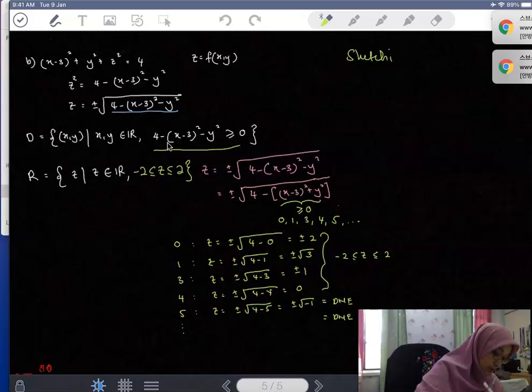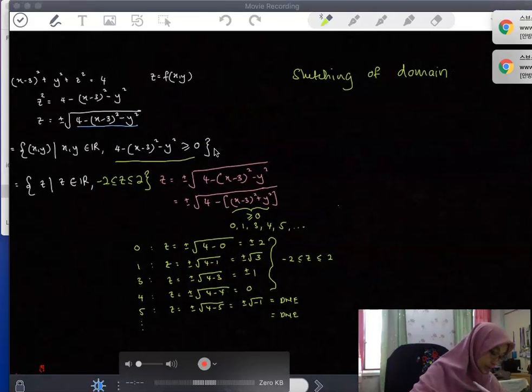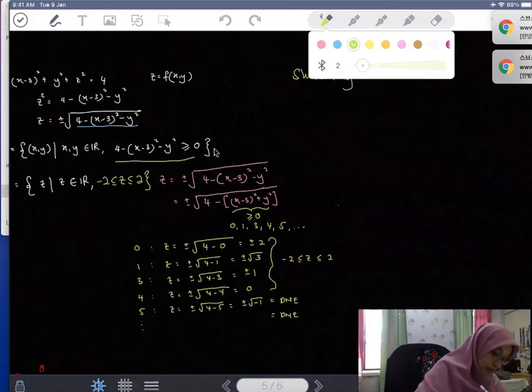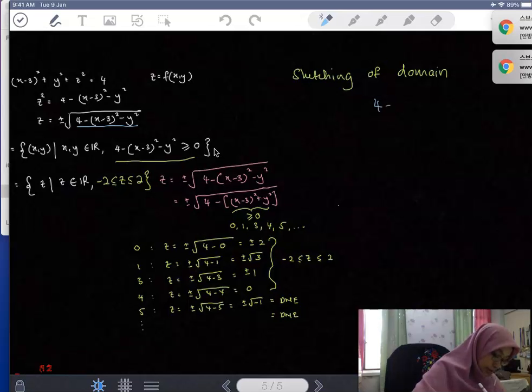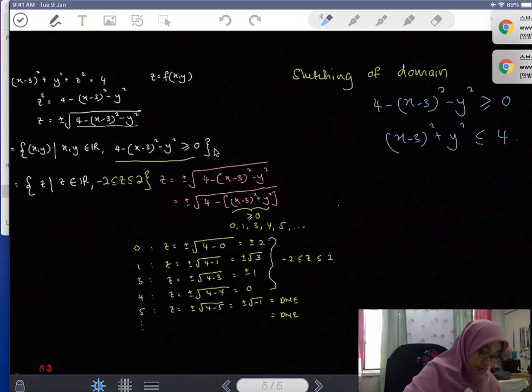We are using the constraint here, where we have 4 minus (x minus 3) squared minus y squared greater than or equal to 0. Then we have (x minus 3) squared plus y squared smaller than or equal to 4.